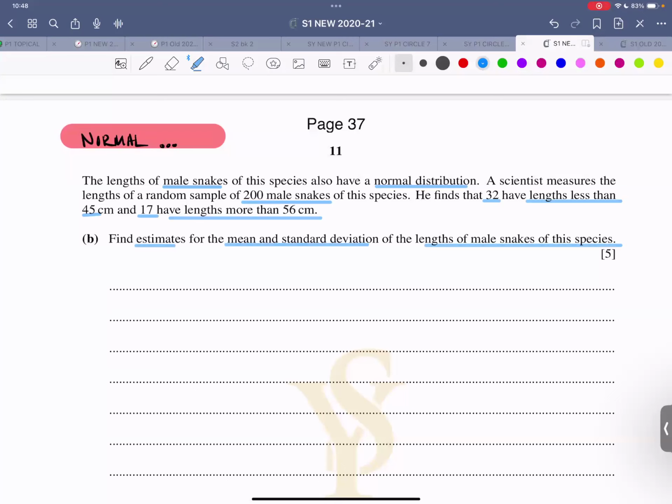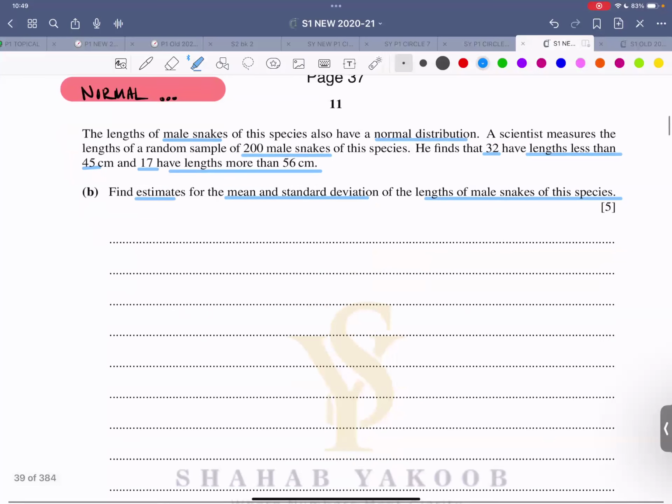Now over here, the working that we are doing, now this working is for what? This working is back solving. We have to work out from the probabilities. Now, first of all, let me write the first statement. 32 out of 200.